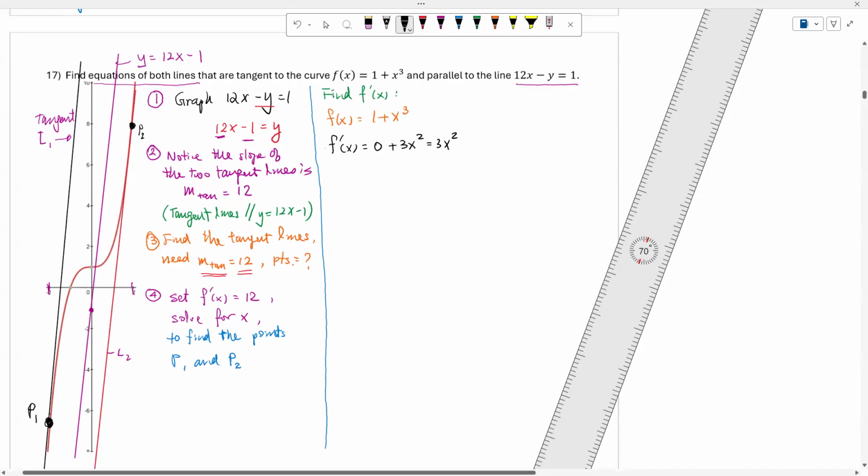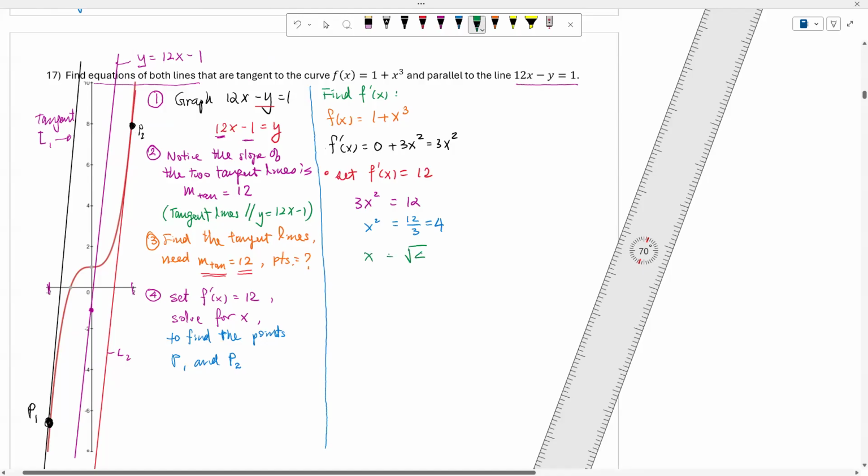Then now, we would like to set f prime of x equal to 12. Then I have 3x squared equal to 12. Then x squared is 12 divided by 3, which is 4.